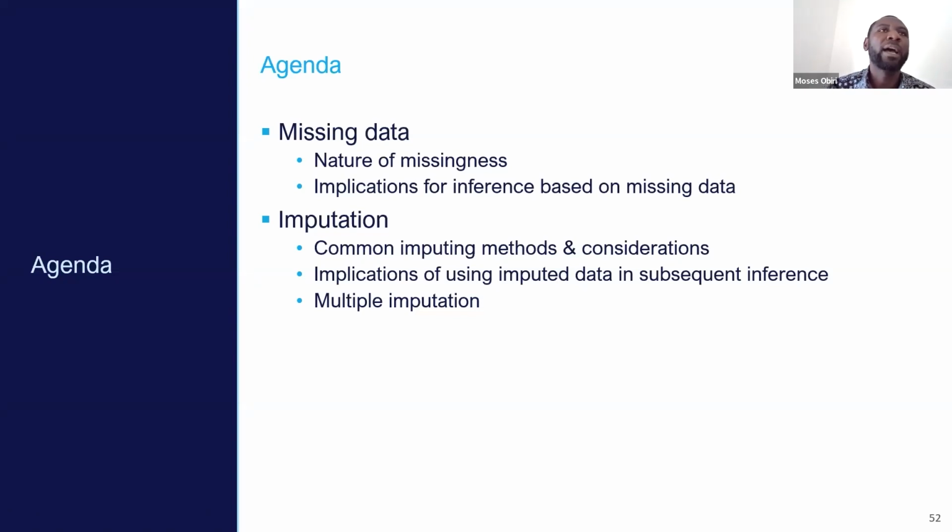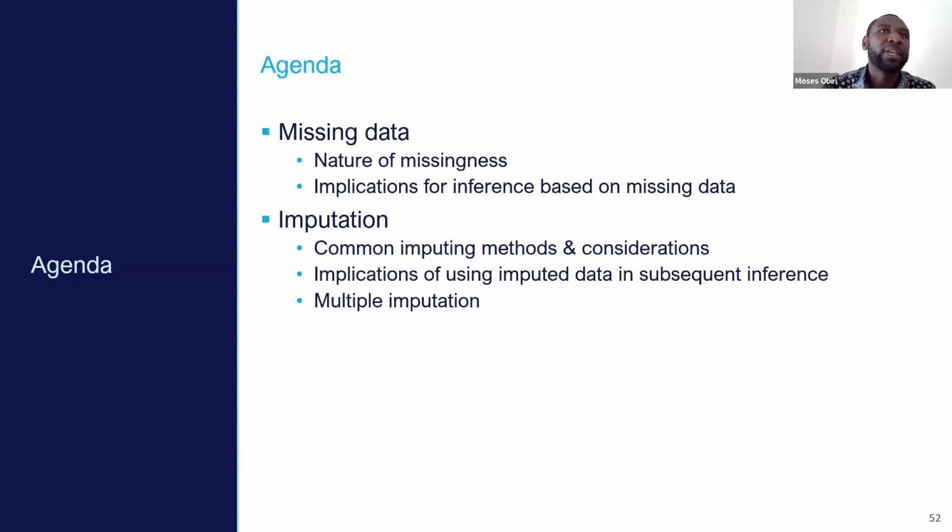We'll go over what missing data is and look at the nature of missing data in our data set. Then we'll look at the implication of inference based on missing values in our data set. And then look at one way of handling missingness, that is data imputation.